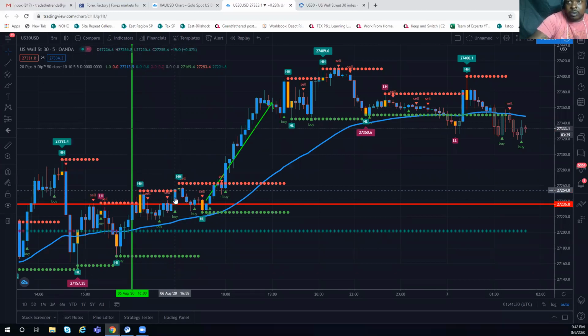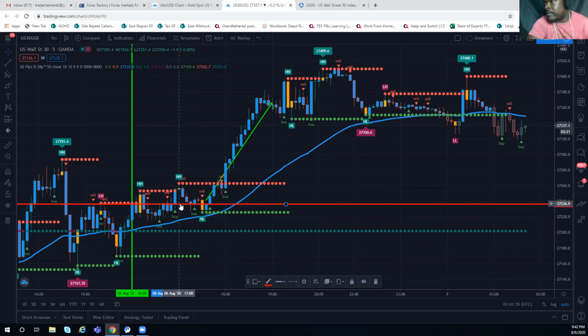And I see that candle close, and this is where I enter. As you guys can see, I entered at 27236, and I was able to ride the wave all the way to 27256.